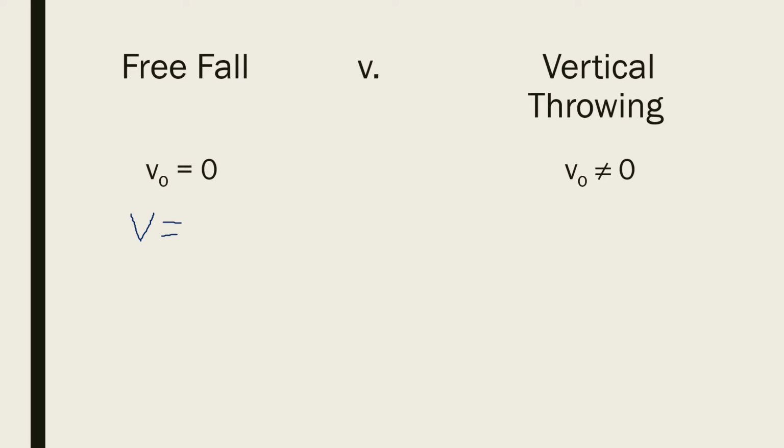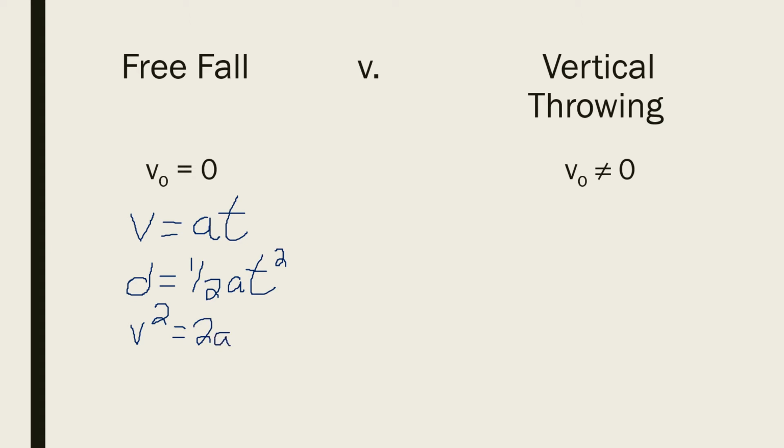Because the V0 equals 0, you can use what I called the from rest acceleration equations. And that makes sense. If something's in free fall, it's falling from rest. These are the free fall equations.